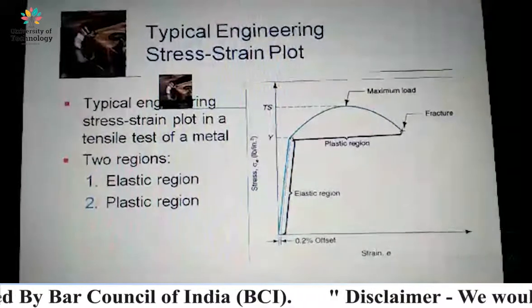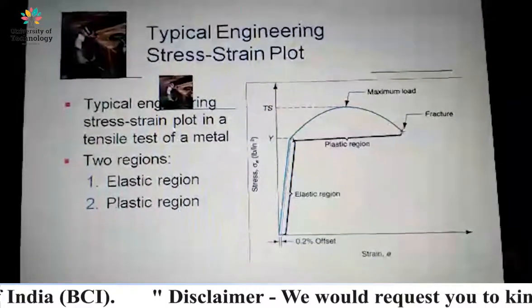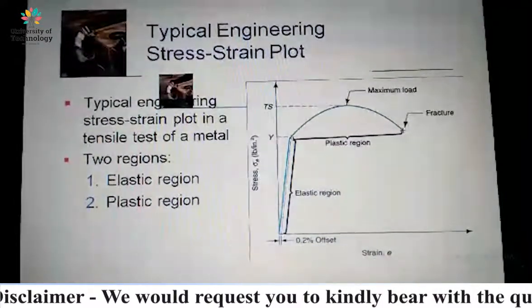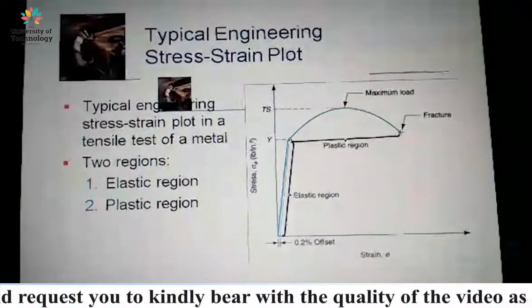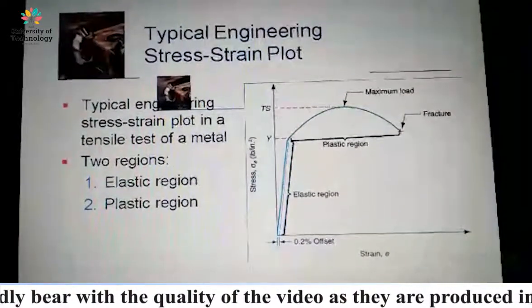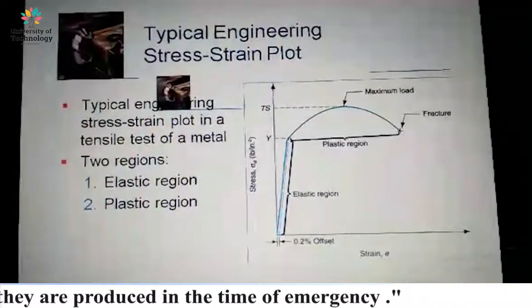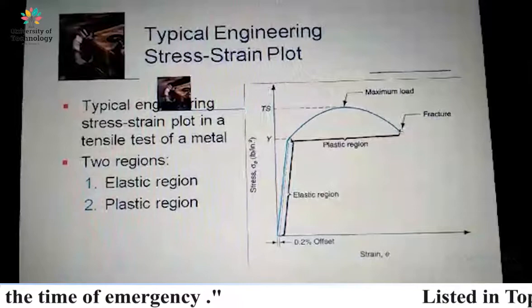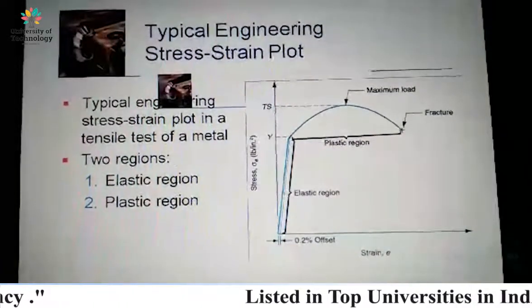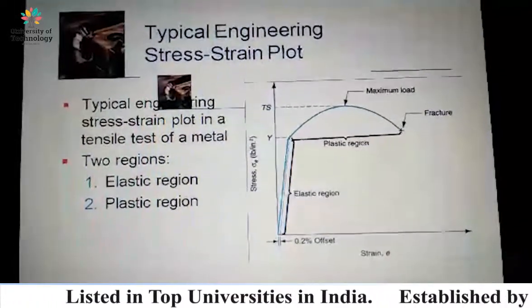This is the typical engineering stress-strain plot. You can see this diagram. This is the stress-strain curve, and we know this by Hooke's law, right? In this figure there are two regions. The first region is the elastic region, and the second region is the plastic region, right?